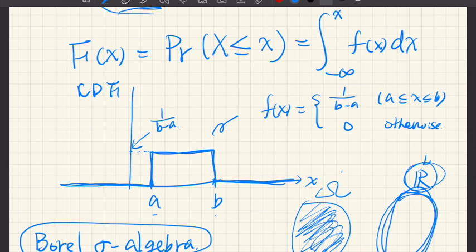Subsets in this case are like intervals between A and B, maybe half open, half closed, both open, and maybe one side is infinity, whatever. So this broad sigma algebra contains all such intervals.